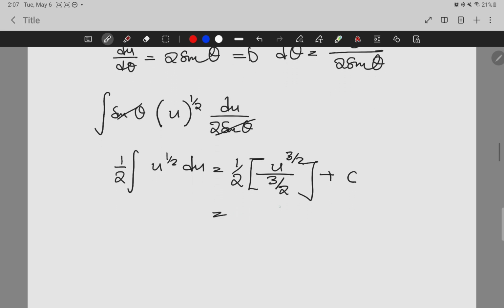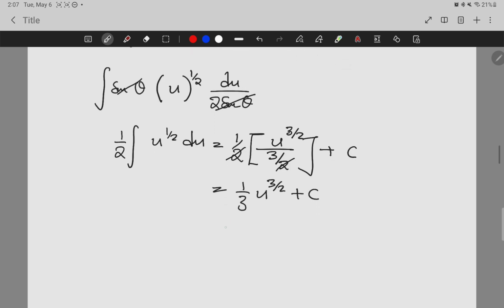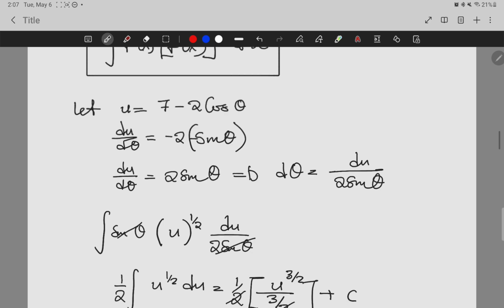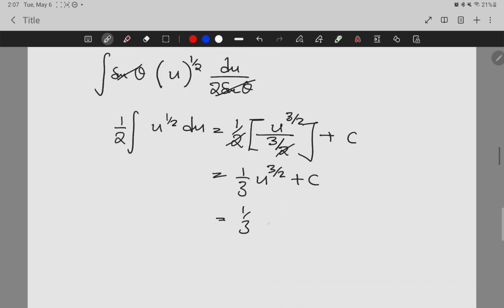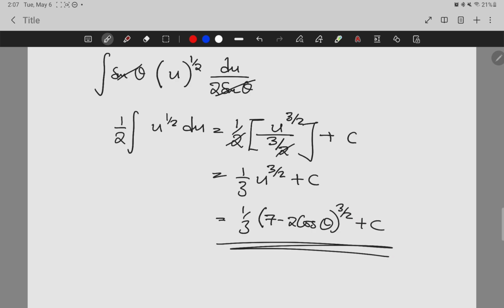When you simplify, this 2 and this 2 are going to cancel out, so that we remain with 1 over 3 u to the power 3 over 2 plus c. When we bring back what u is, u was defined to be 7 minus 2 cos theta. This becomes 1 over 3, and then 7 minus 2 cos theta to the power 3 over 2 plus c. So this becomes the solution to that expression.